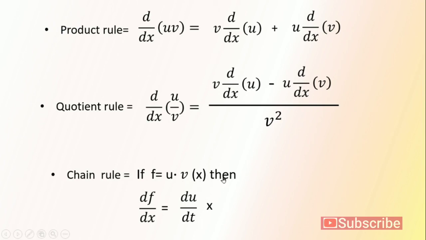Then dt is to be differentiated with respect to x, where t is equal to v of x. We have made f equal to u of t. u is a function of t and t is a function of x. In a composition function we always consider another variable, and with that variable we work out the differentiation. We call this the chain rule.